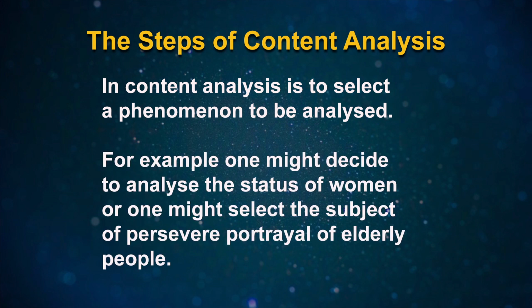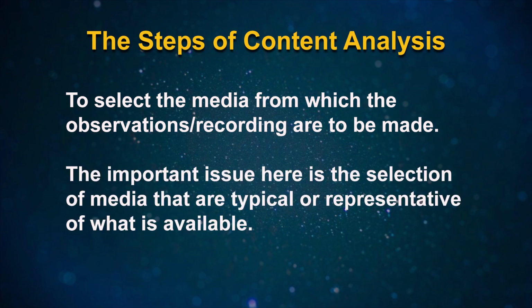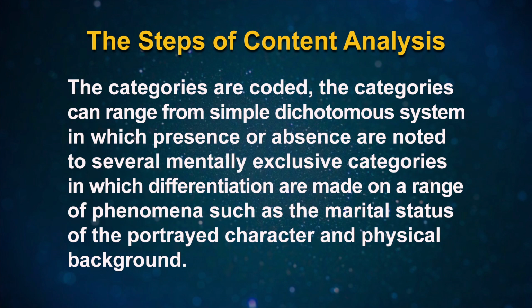For example, one might decide to analyze the status of women, or one might select the subject of portrayal of elderly people. The next step is to select the media from which the observations or recordings are to be made. The important issue here is the selection of media that are typical or representative of what is available. In the third step, the categories are coded.